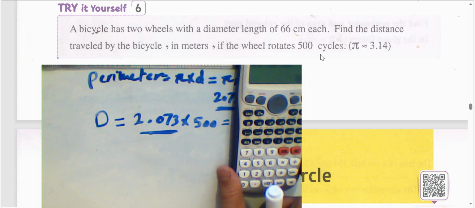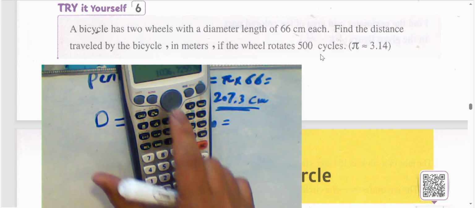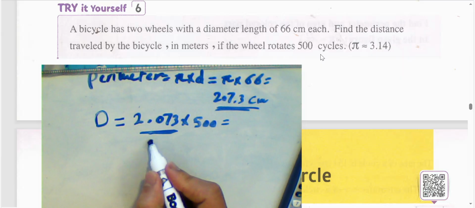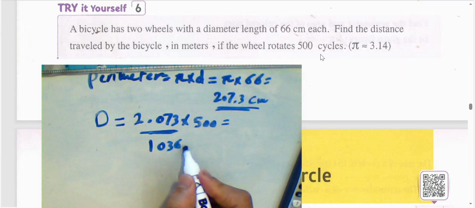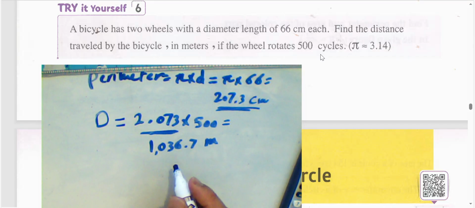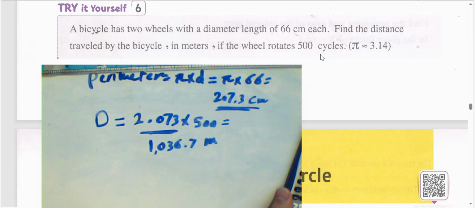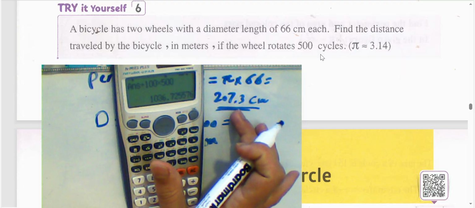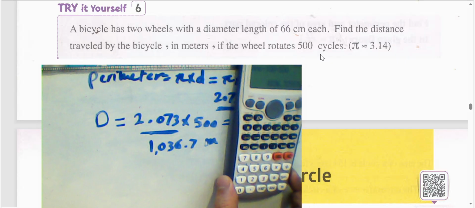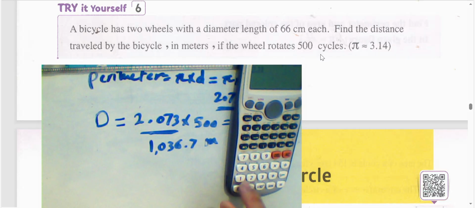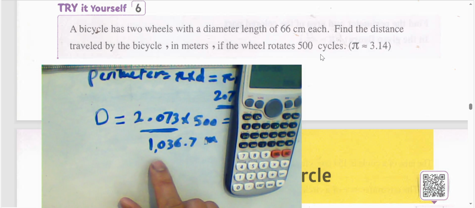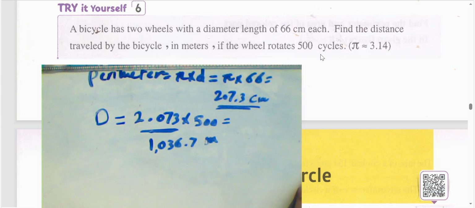To find the answer, it will be 1036.7 meter. Convert from centimeter to meter. Okay, then we divide it by 100 first and after that times 500. Understood? 2.073 times 500 it will be 1036.7 meter.